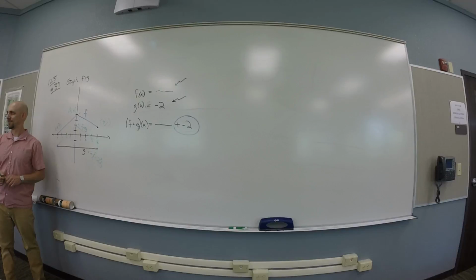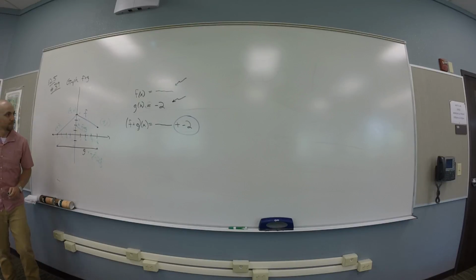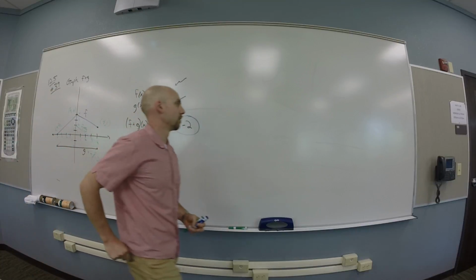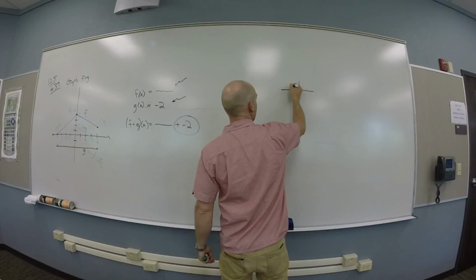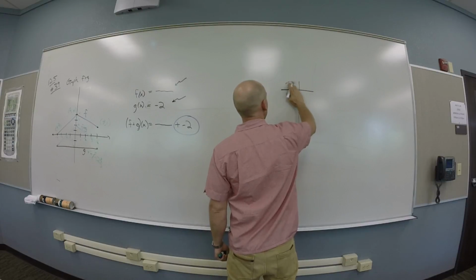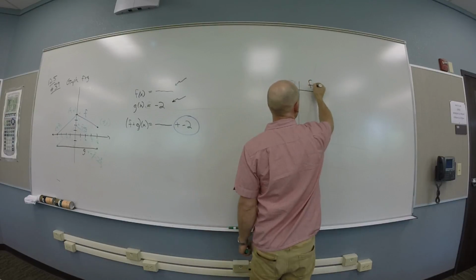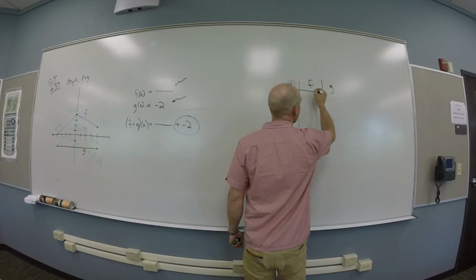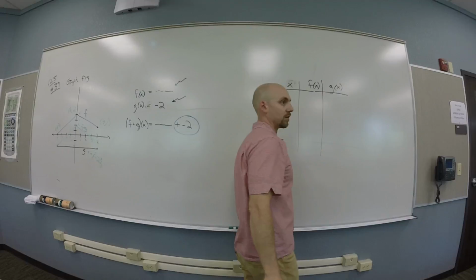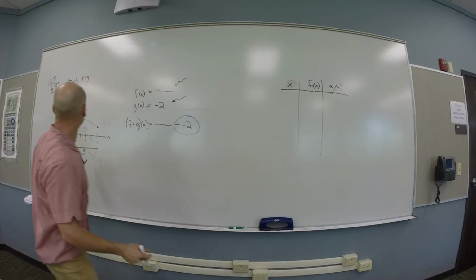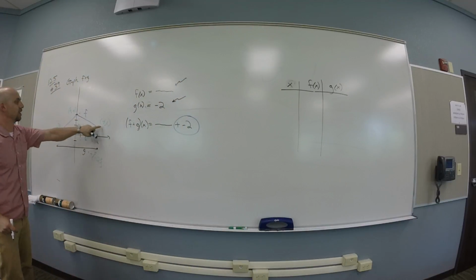Did you do it by just making a table? Yeah, so if we made a table, maybe if I wrote x's, f's, and g's, right? These 3 points are certainly the interesting ones.